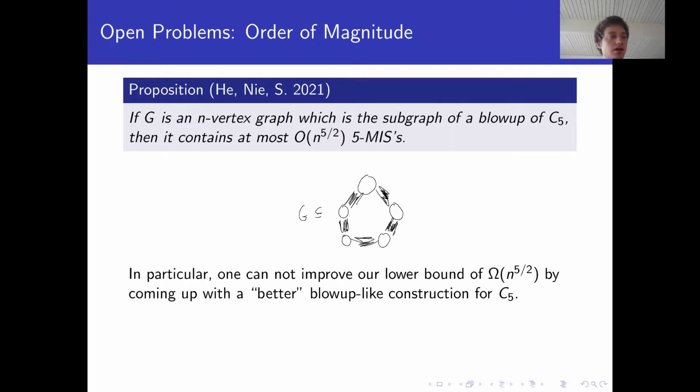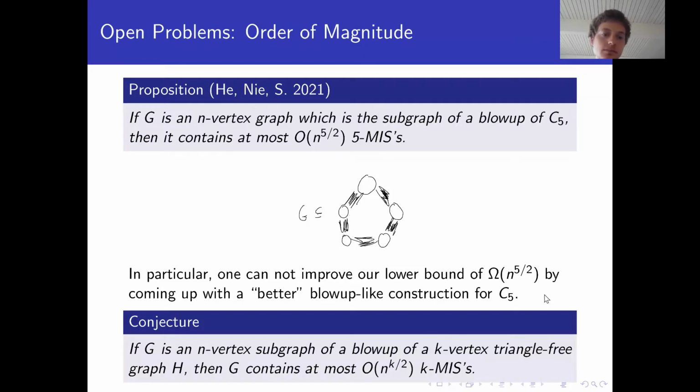In particular, this blowup construction I mentioned before is the best we can do, up to constants, for graphs which are subgraphs of blowups of C5. And a natural extension to this is to look at blowup graphs of k-vertex triangle-free graphs H, in which case we believe such graphs should contain at most n to the k over 2 k-MISs.